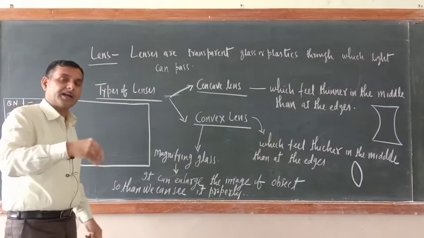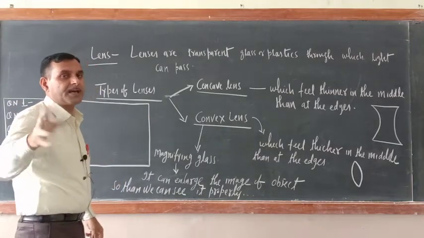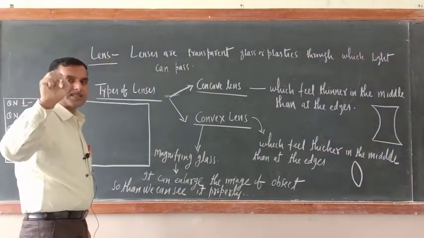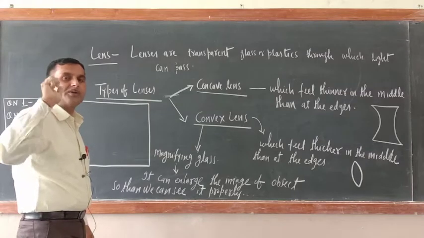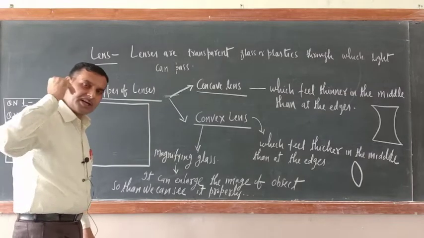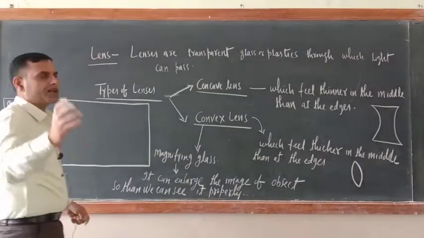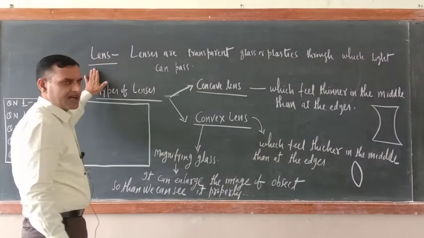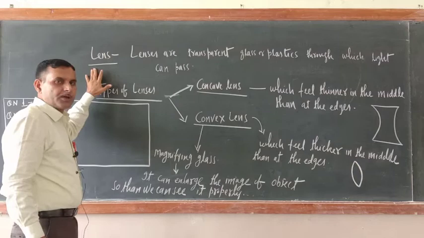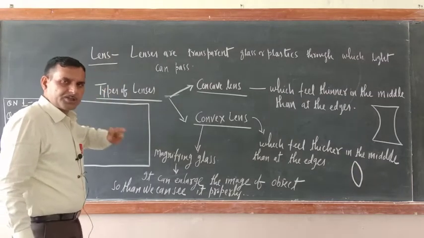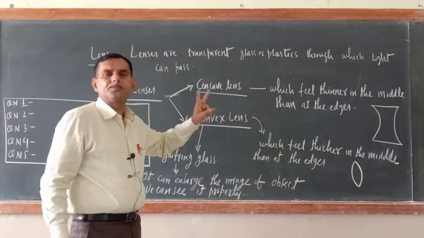If light cannot pass, then they will not act as a lens. The first and foremost criterion to be a lens is that they can pass light, then only they will act as a lens, okay.